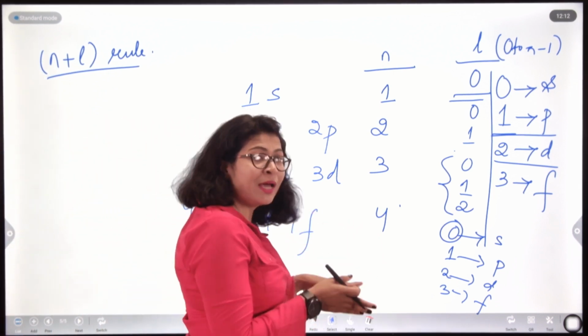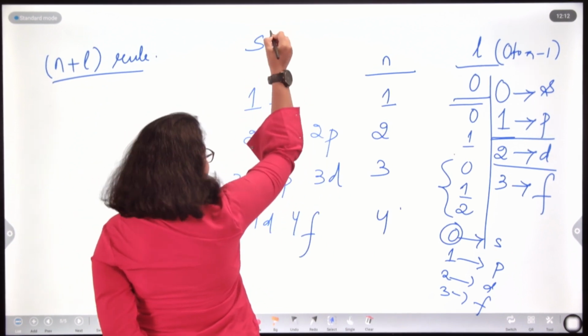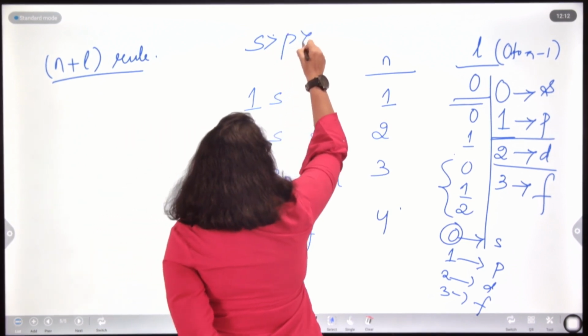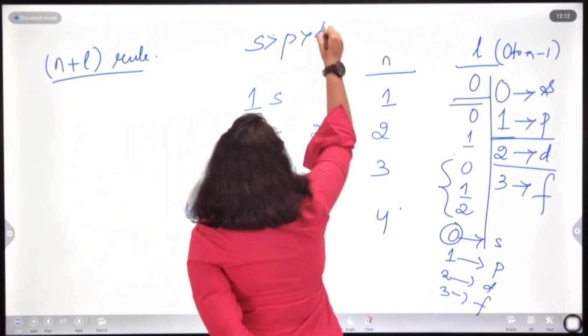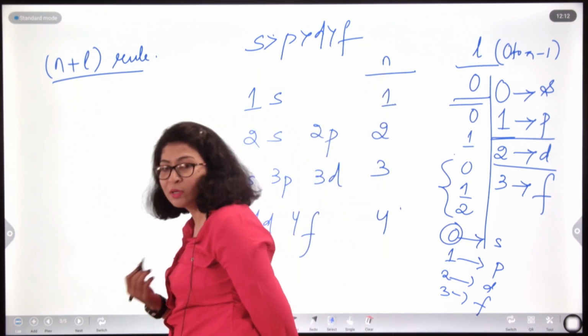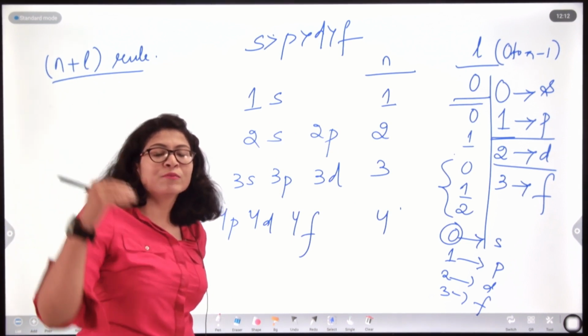We have discussed a concept: the s orbital is closer to the nucleus, p is a little farther, and d and f gradually increase in distance from the nucleus. The energy values also increase with orbits.